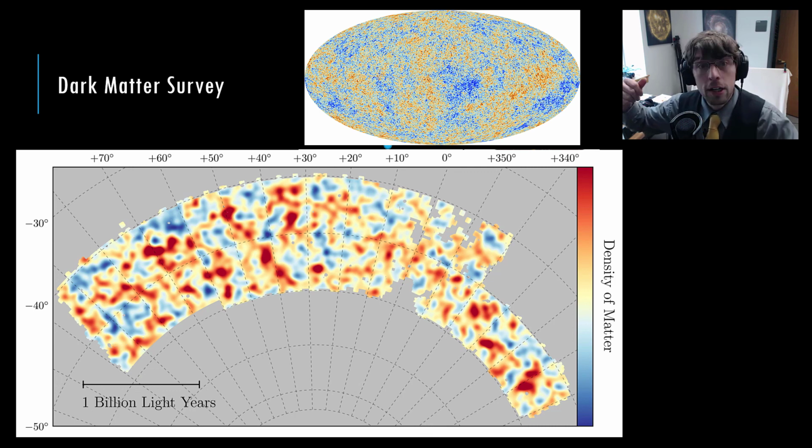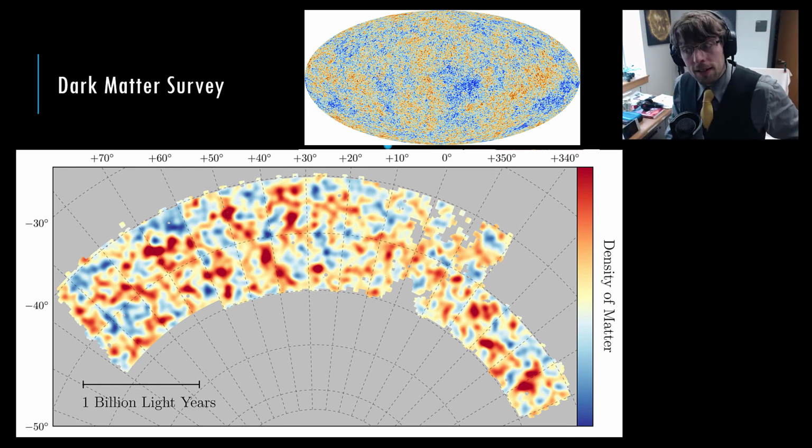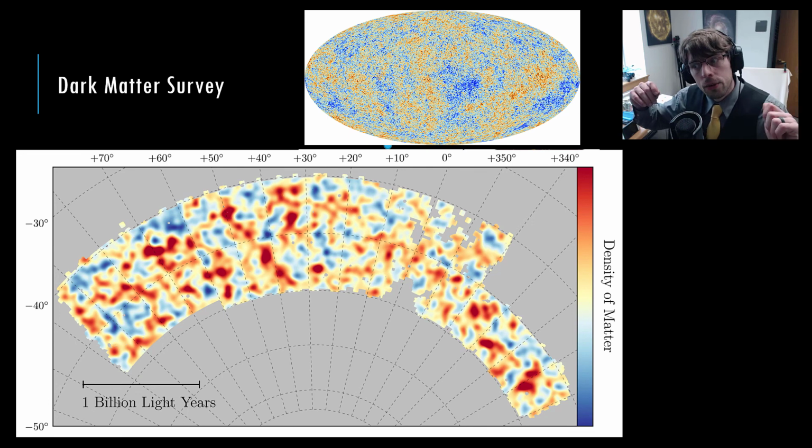Well, in the very early universe, those small differences in temperature mean small differences in density. We would expect that if we take those densities and we run forward in time, we would expect to see clumping of some galaxies, and other places we won't see galaxies.